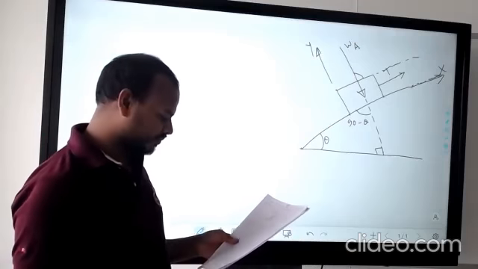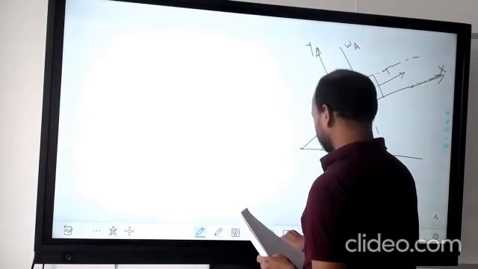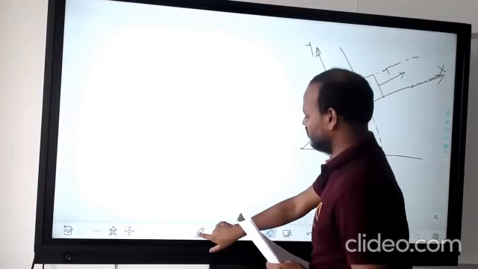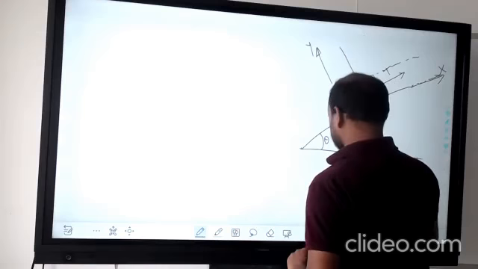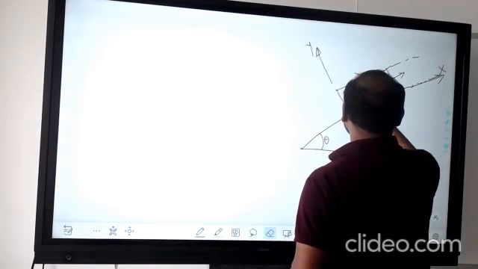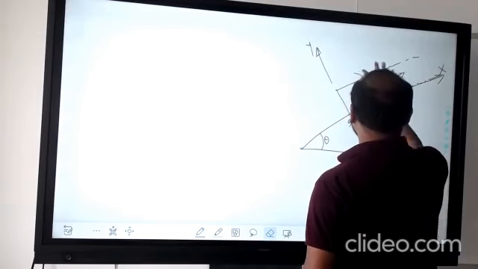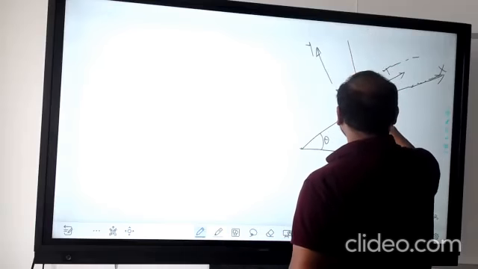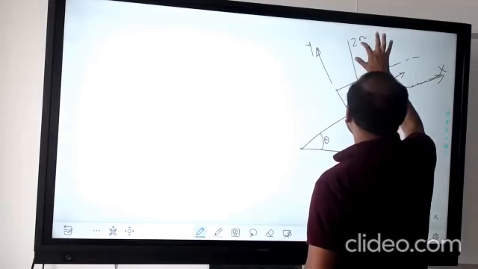Then that weight A will become, actually, W is 200, it is given. So this is given, 200. Actually, it is not vertical. It must be perpendicular to this plane, no? This is your 200.